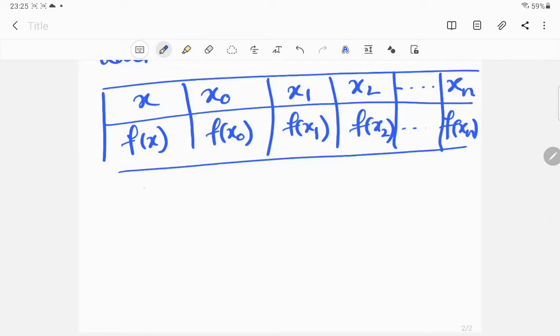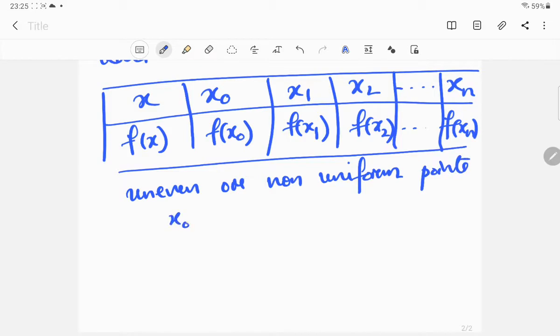We need to consider that it is given at unevenly spaced or non-uniform points x0, x1, x2 up to xn.